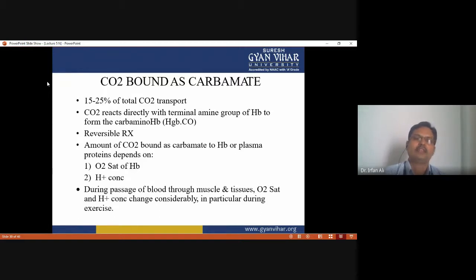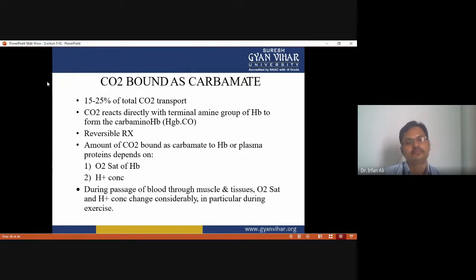Okay, and this is a reversible binding of carbon dioxide with hemoglobin. That's why whenever needed, the hemoglobin can release carbon dioxide, and the amount of carbon dioxide bound as carbamate to hemoglobin or plasma proteins depends on the following factors. First is oxygen saturation of hemoglobin, and second is hydrogen ion concentration.